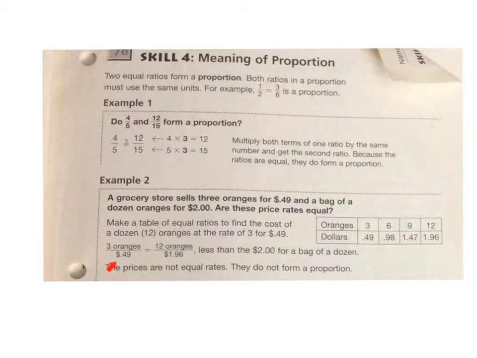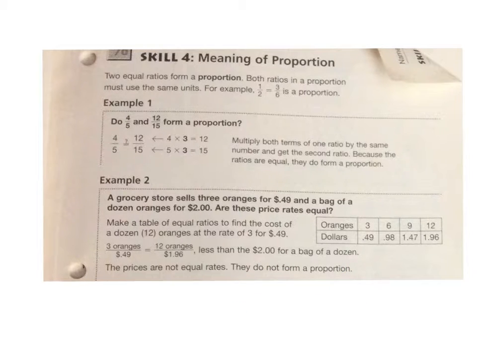So 3 oranges for 49 cents is equal to 12 oranges for $1.96. And this is less than $2 for a bag of a dozen oranges. The prices are not equal rates, and they do not form a proportion.